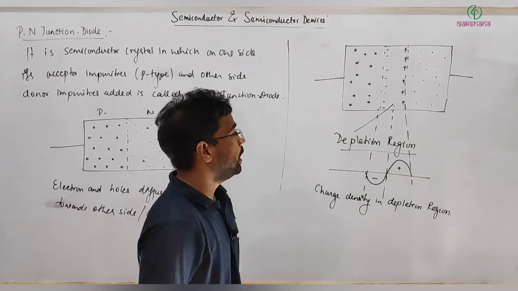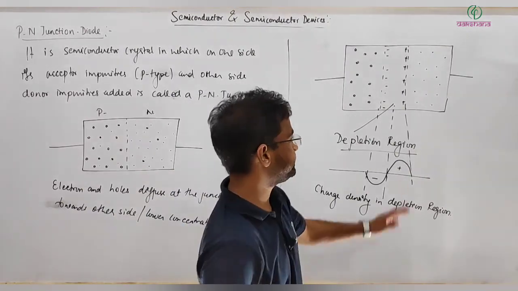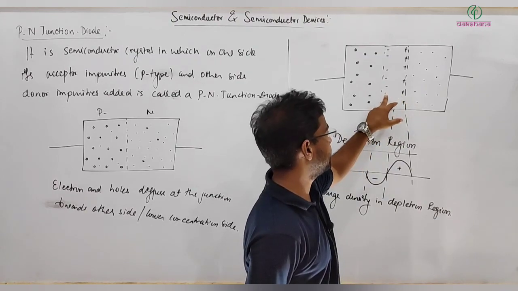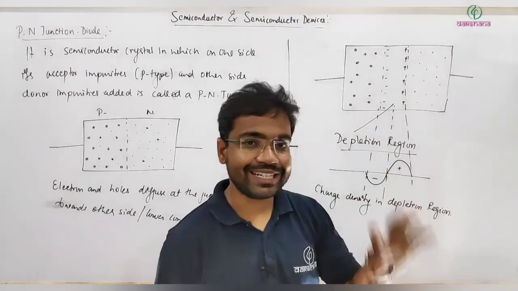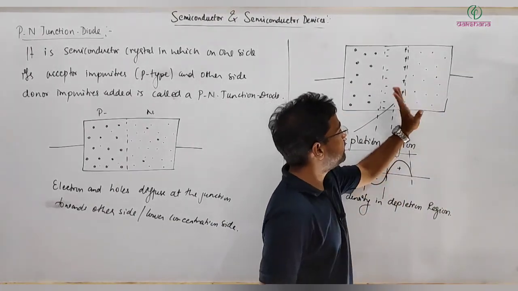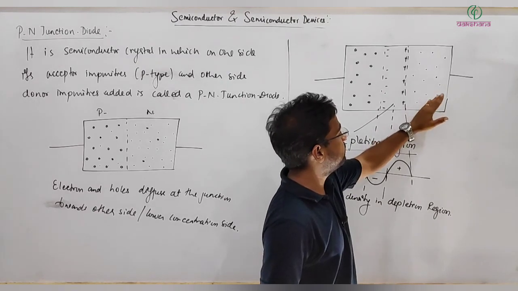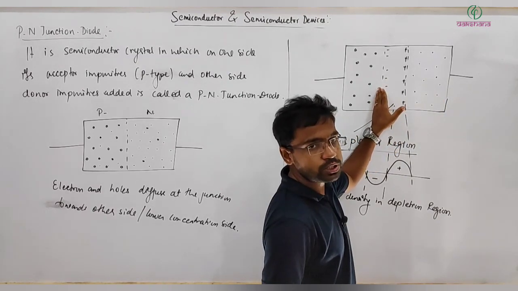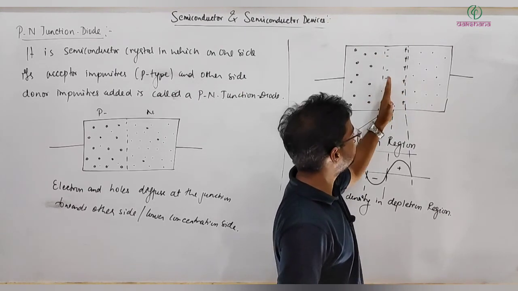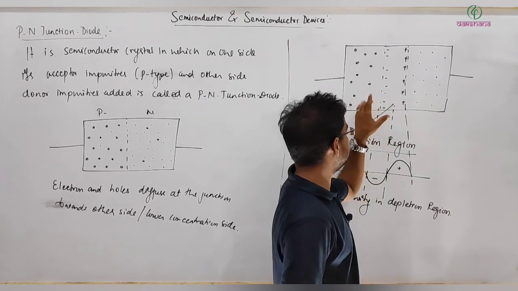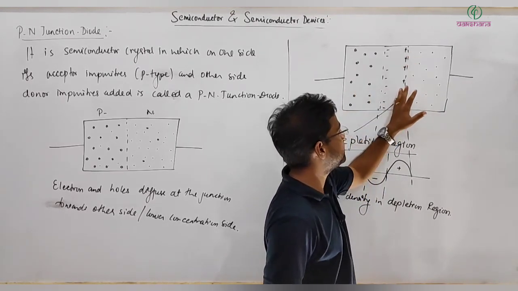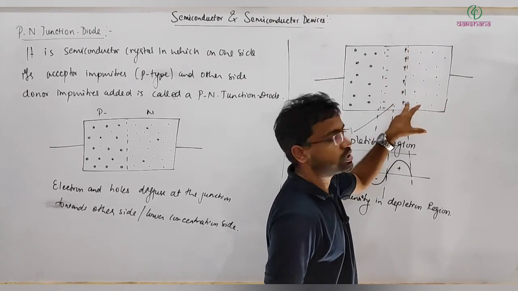All right, so now in this situation we got positively charged and negatively charged regions, and holes we can treat as positively charged and electrons as negatively charged. After some time, if electrons want to diffuse to this side, they will experience resistance because the negative charge will oppose them. Similarly, holes that want to move toward this side will experience repulsion from this positive boundary.